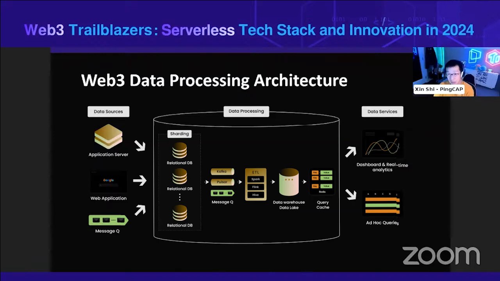If you want to do analytical work, you have to build a complicated ETL to store the data into a data warehouse and later query it for your data insights. That's another overhead for you to maintain and manage for your whole infrastructure.